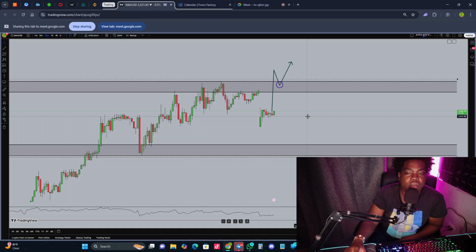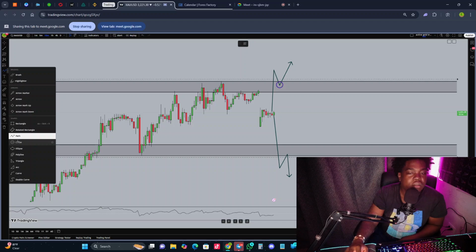The other thing the market can do is come, go below, close strong, pull back, close below, go lower. Wonderful. Our entry point will actually be here.